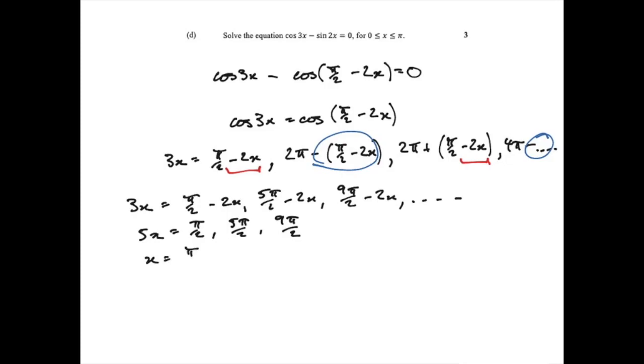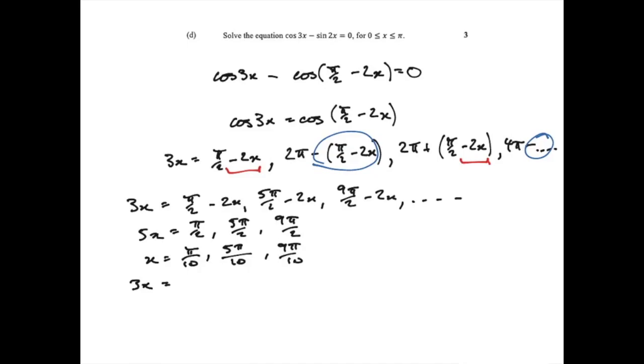Now, I know that I'm only going up to pi, so 5 pi, oops, sorry, that's not over 2 anymore, it's over 10. So 5 pi over 10 and 9 pi over 10. And then the next one would be 13 pi over 10, which is already too big. So that's that one.